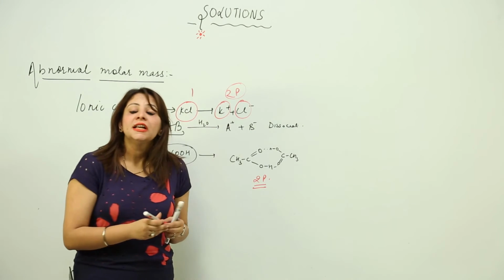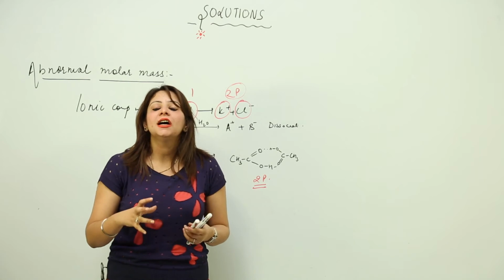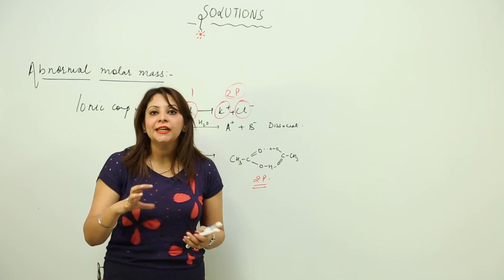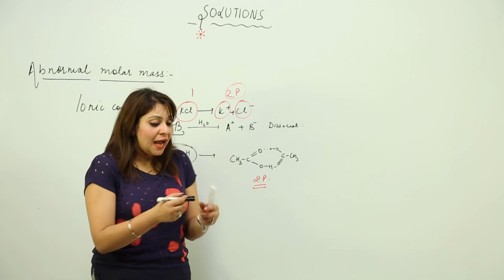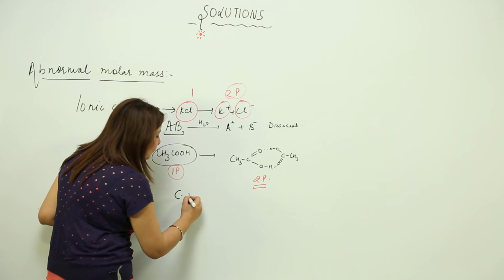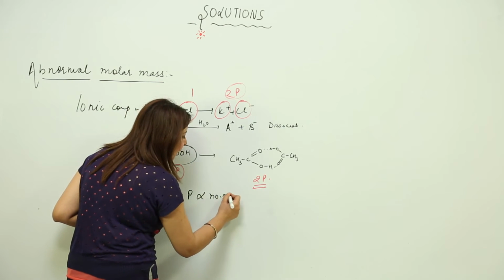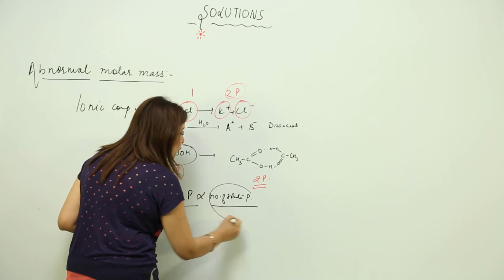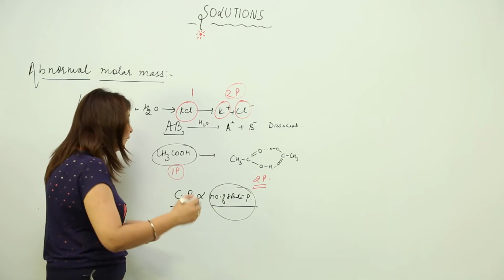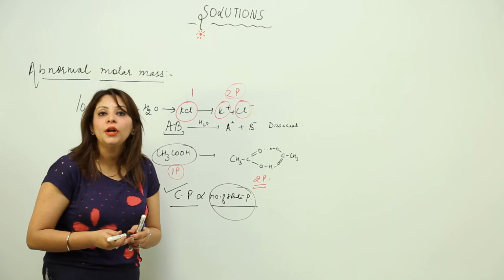So when you are mixing them, the number of particles is getting altered due to either association or dissociation. And as we know, colligative properties depend upon the number of solute particles. So if the number of solute particles changes, obviously it is going to have an impact on the colligative property.